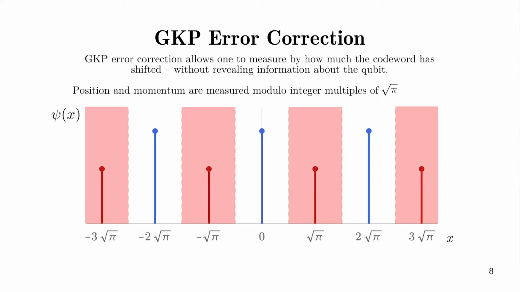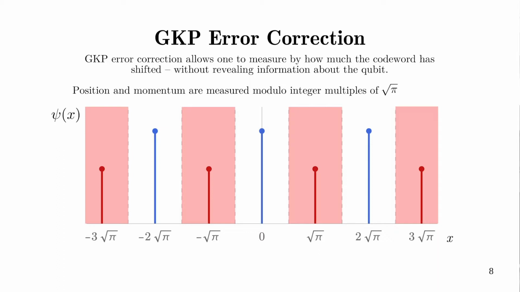Now, how is error correction performed? Clearly, we need to not collapse the logical information. So error correction essentially works by measuring only by how much our wave function has shifted with respect to the original grid.